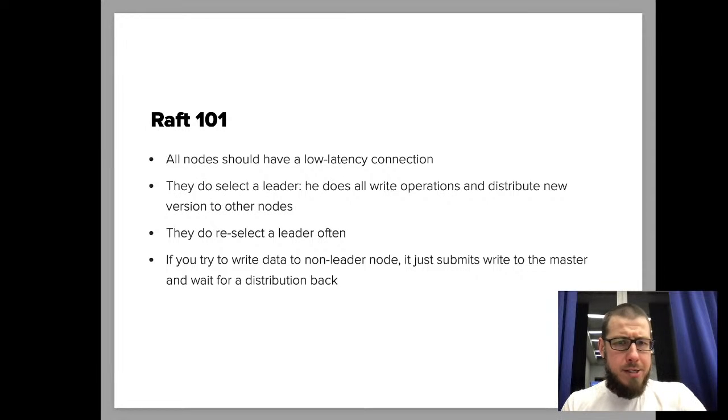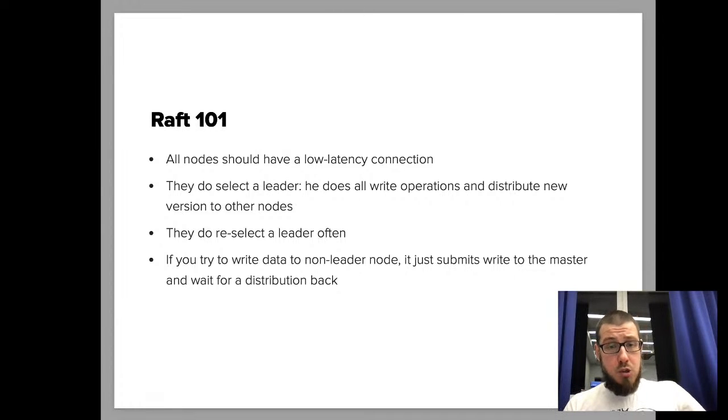So let's talk about Raft, just a couple of words. First of all, nodes should have a low latency connection, and for the Raft protocol, the latency between Raft nodes will be the killer. Raft nodes select a leader, and the leader does all write operations and distributes the new version to the other nodes.